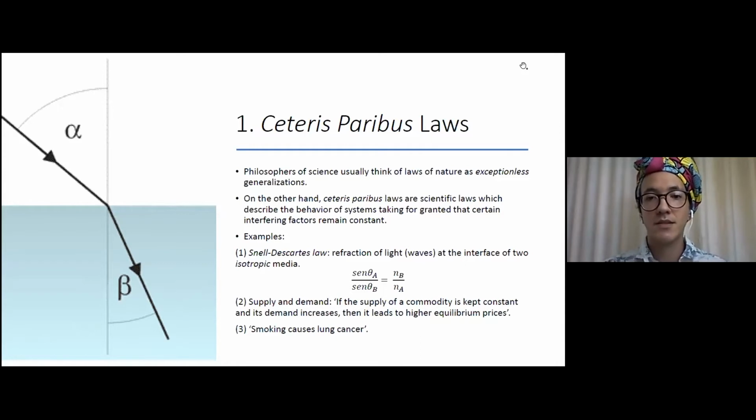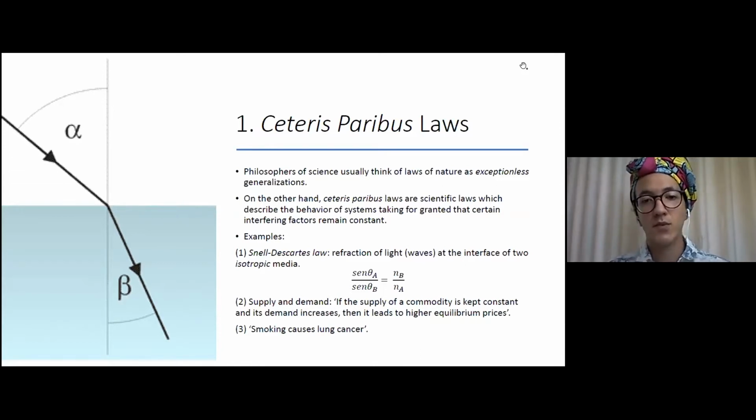So the Snell-Descartes law cannot explain exactly the refraction of light when the media are not isotropic. Since you assume this condition for the law to hold, we can classify this law as a Ceteris Paribus law.